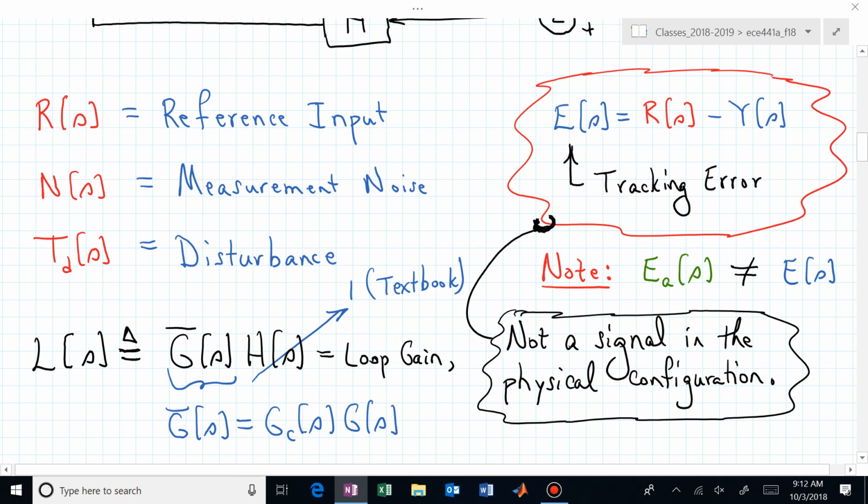And when I now say the loop gain, that's probably going to refer to G bar, where G bar now is the product of the controller transfer function and the plant. So when I say the loop gain, you can think about that cascade combination in the block diagram of the controller and the plant. That's the loop gain.